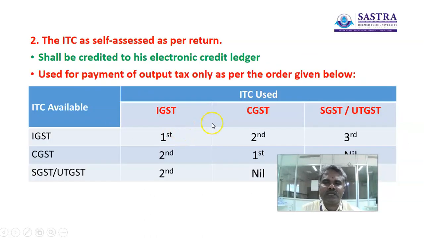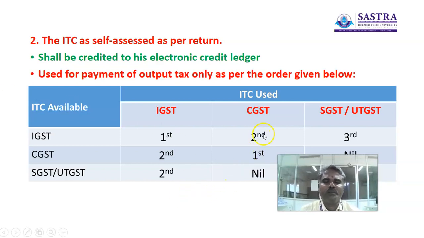Then how can we utilize the ITC? The manner of utilization of ITC against the payment of GST: you have IGST. First you have to adjust this IGST against IGST payable. After adjusting against IGST payable, if you have any balance, that amount will be used to adjust against CGST and SGST.